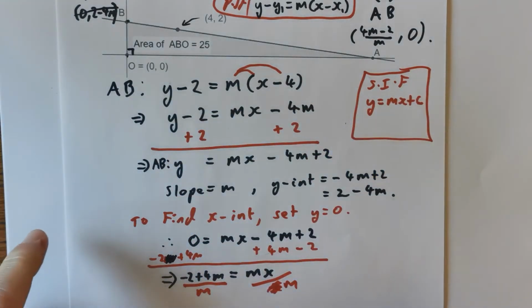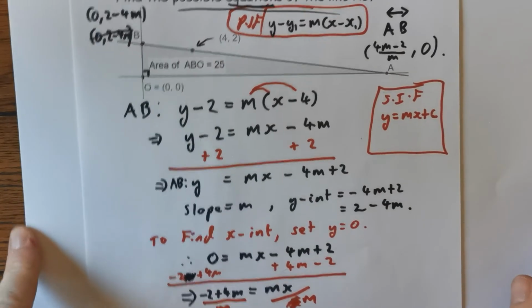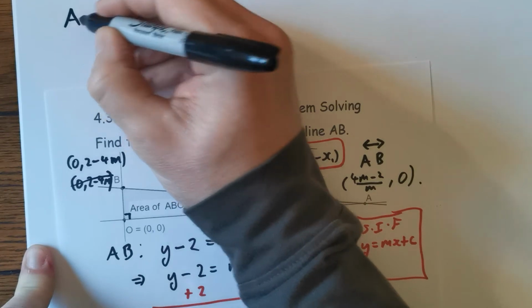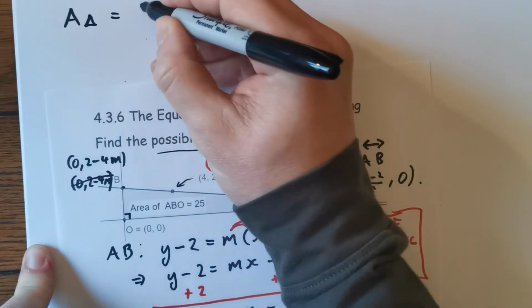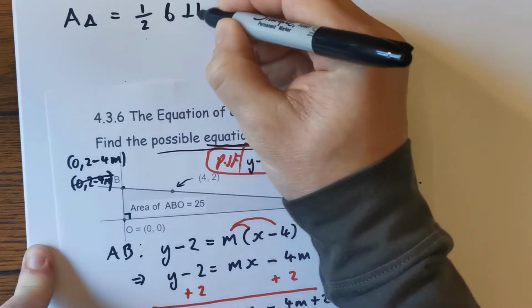So from primary school, let me write this out on a separate page so I have room to show all my workings. We know that the area of any triangle is equal to 1/2 times the base multiplied by the perpendicular height.